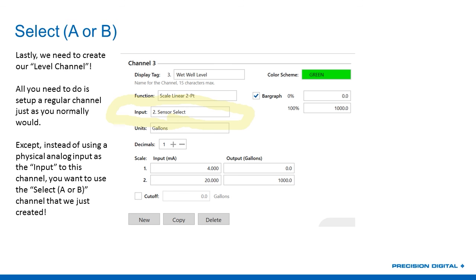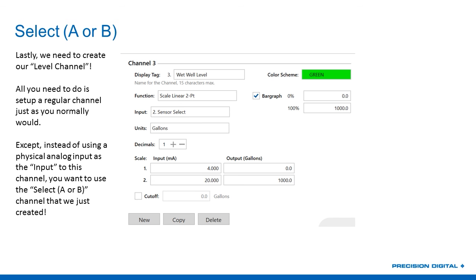Then this level channel is going to be based on the reading from either the pressure transducer or the ultrasonic sensor. It doesn't matter which sensor it is, you can still scale them both to read the same. So that is what the Select A or B function is, and I think it's pretty clever because it has actually come up in the real world where people have asked us for this type of functionality.